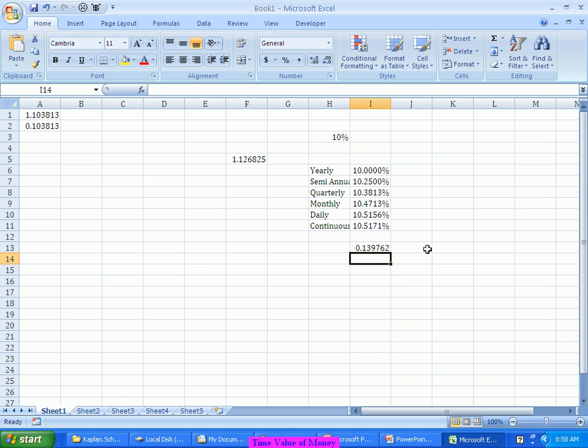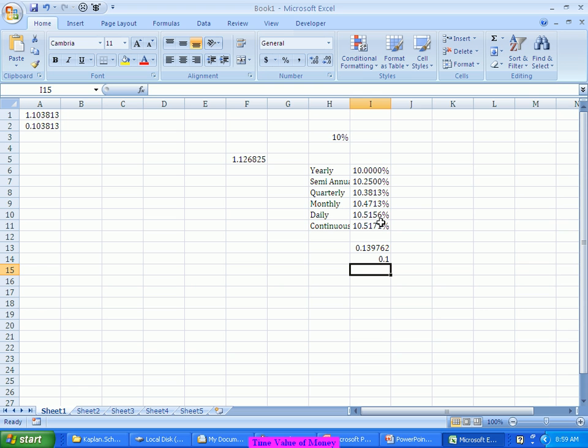Or probably for the above example itself, log of 1 plus, when I do this, I should get 10%. So it's a reverse. E power 10% minus 1 will give me 10.51.